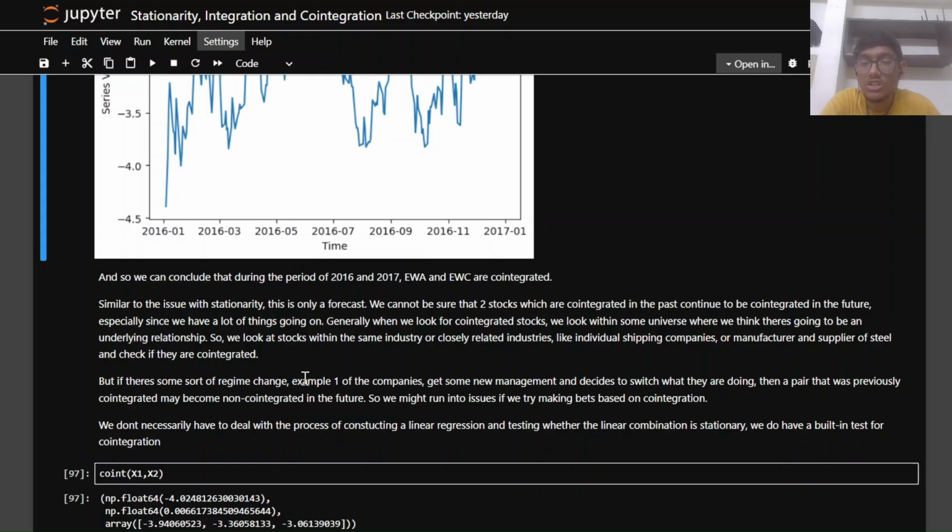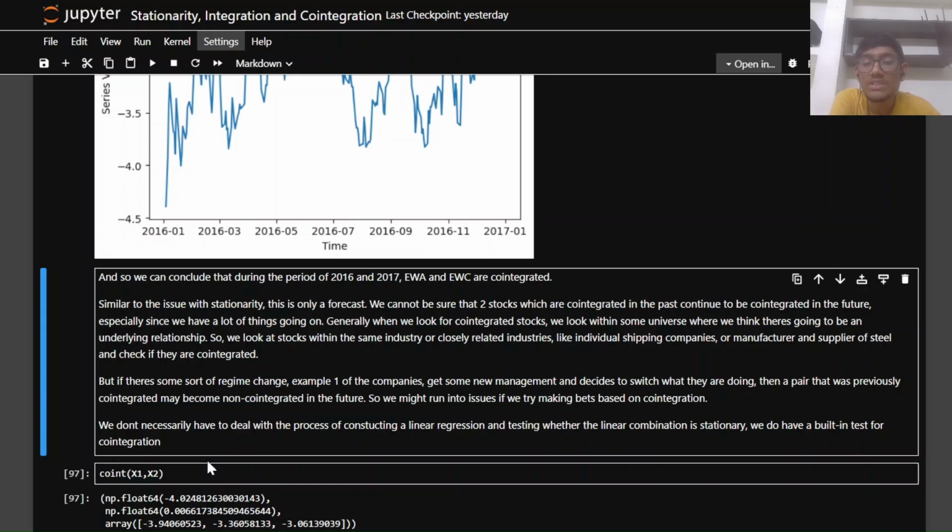So we look at stocks within the same industry or in closely related industries, like individual shipping companies or manufacturer and supplier of steel, and check whether they are co-integrated. But if there is some sort of regime change, for example if one of the companies gets some new management and decides to switch what they're doing, then a pair that was previously co-integrated may now not remain co-integrated, and so we might run into issues if we are trying to place bets on co-integration.